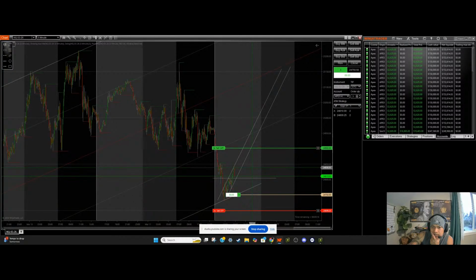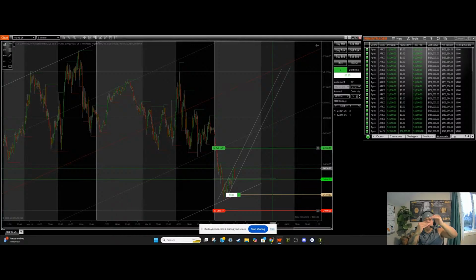To be able to sustain this kind of pullback, this is the reason why I bought the end of day trailing drawdown. The other one is intraday, where as your unrealized profit goes up, your drawdown also follows with it.